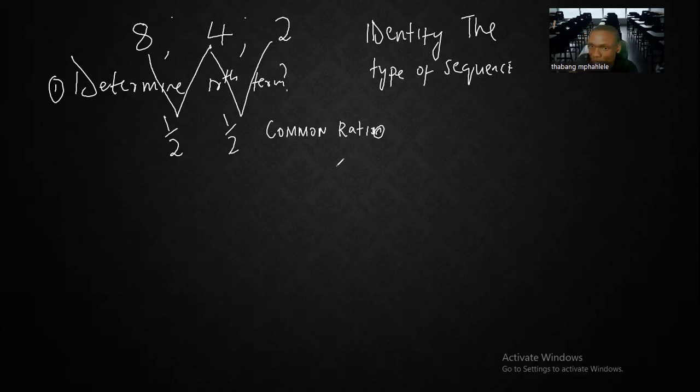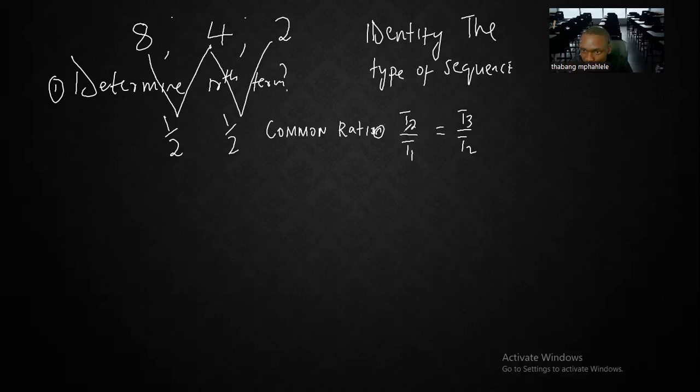Which means that every time in a geometric sequence, when you take term 2 and divide by term 1, you should get the same answer when you take term 3 and divide by term 2. This is how we see that the sequence is geometric.